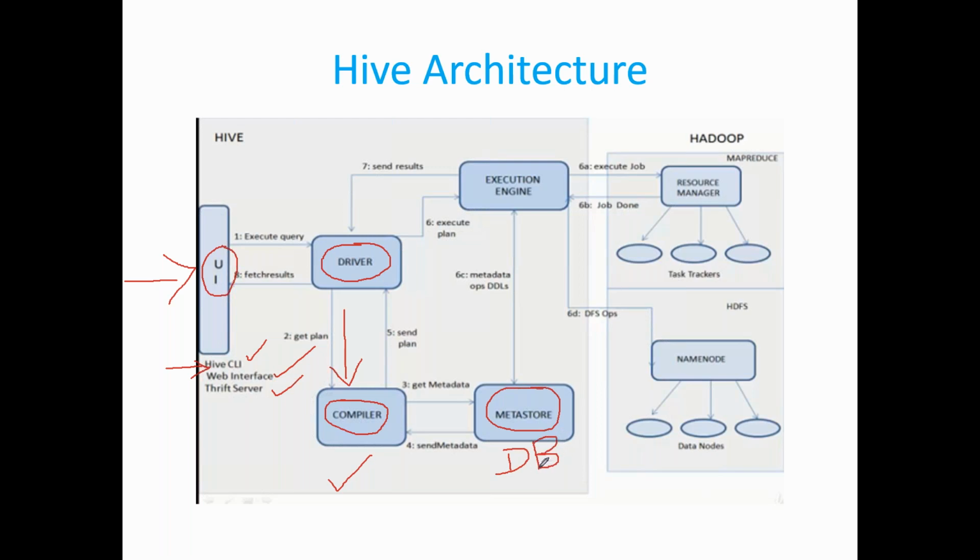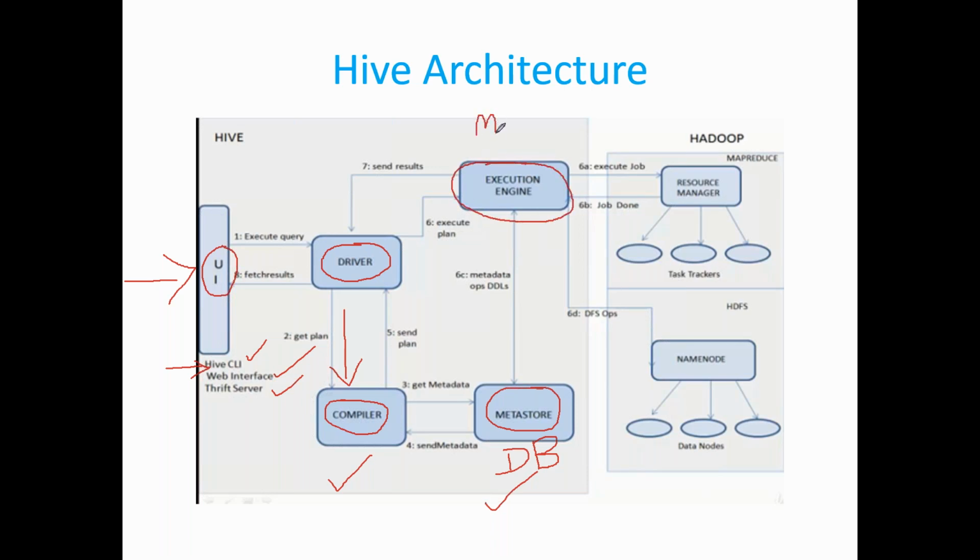Then this is going to check the metadata information, whether the given table is available as part of the metastore DB or not. If it is not available, then it will immediately throw an exception. But if it is available, then it will pass the metadata check, and then it will again send the request back to the driver. The driver will pass on that query to the execution engine. So what is the execution engine here?